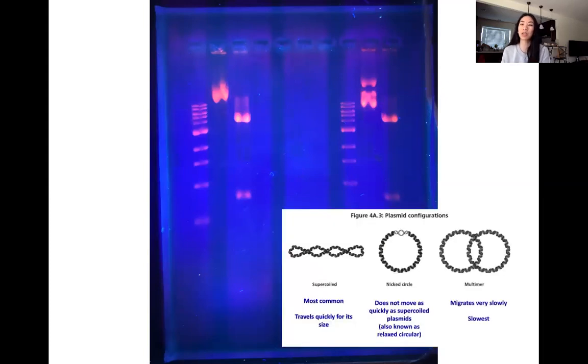The reason is that even though a plasmid is less base pairs, because of the shape, plasmids can come in different configurations. The first most common type of configuration is called supercoiled. So what it looks like is the plasmid kind of twists up on itself, and this would be the most common.